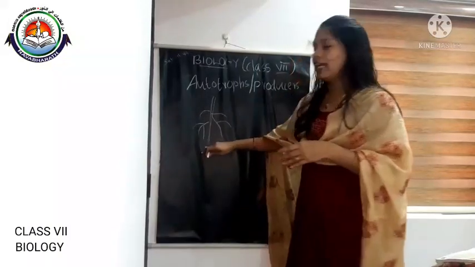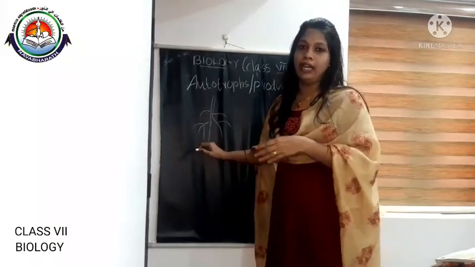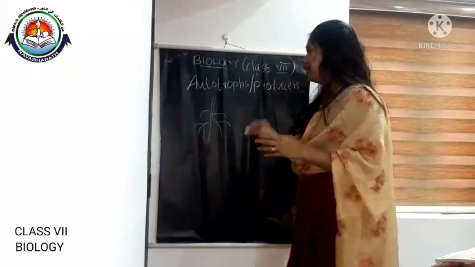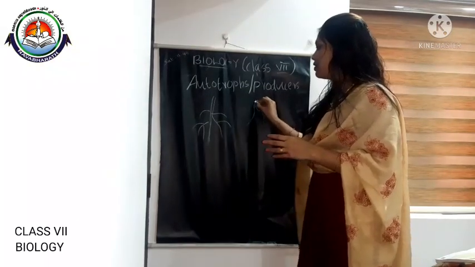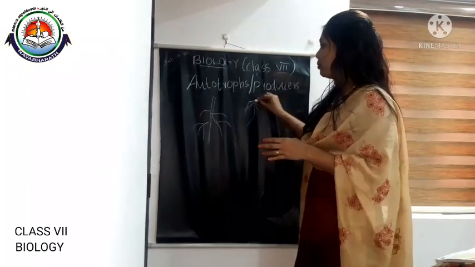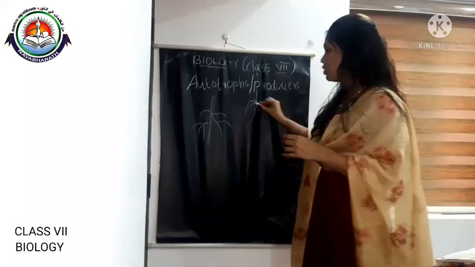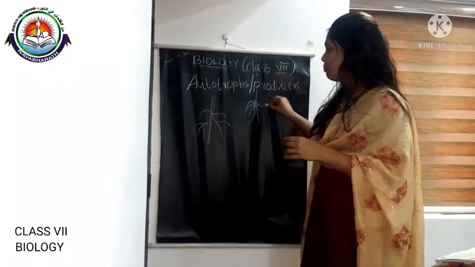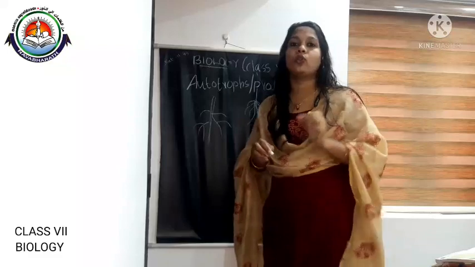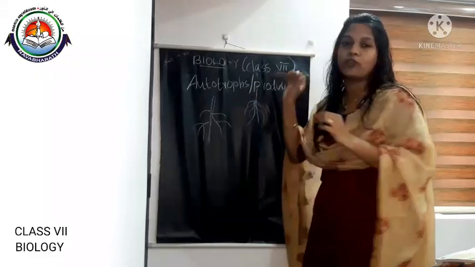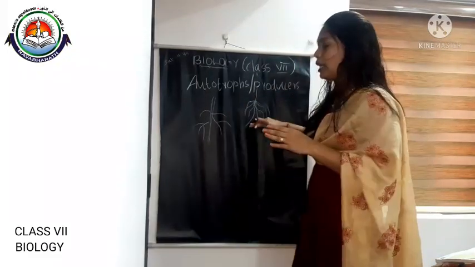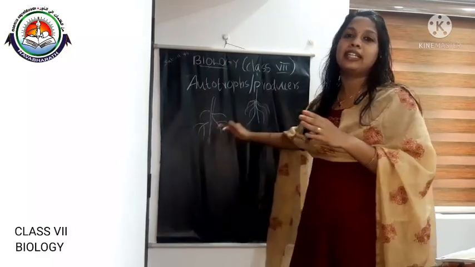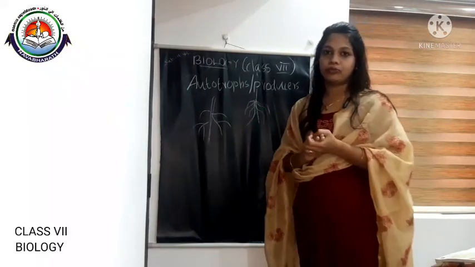In some other plants, there is a fibrous root system, which arises from the base of the stem. Fibrous root means numerous fiber-like small fine roots arise from the base of the stem. These are the two types of roots present in different plants.